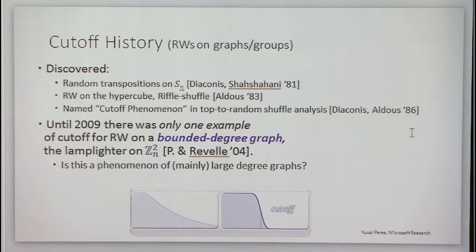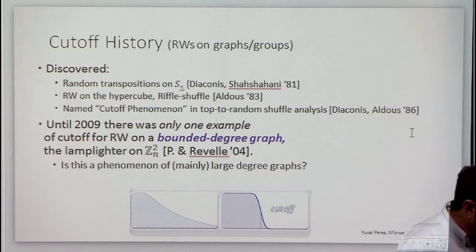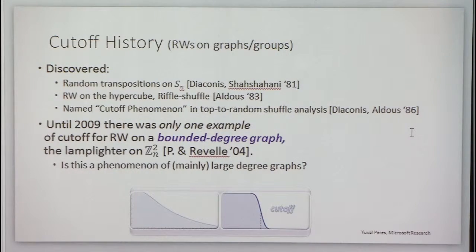And it's instructive that in both of these and in all the classical examples of cutoff, as the system grows to infinity, also the degree goes to infinity. And this is connected to the scheme of proof. So in the classical examples of cutoff, the lower bound of mixing was obtained by finding a specific event A that had very different probabilities under the distribution at time t and the stationary distribution, and that gave us a lower bound for the mixing time.